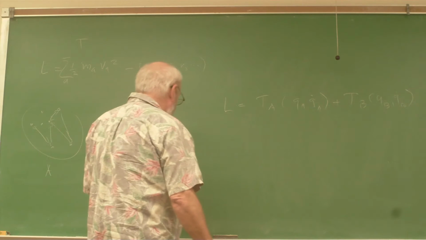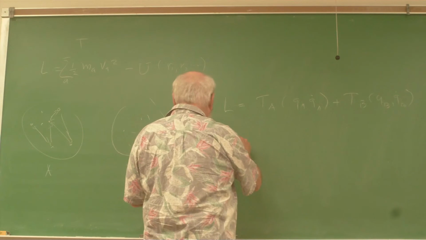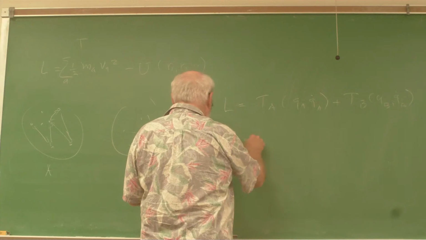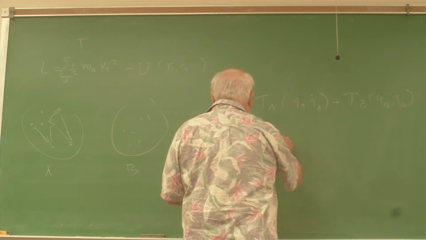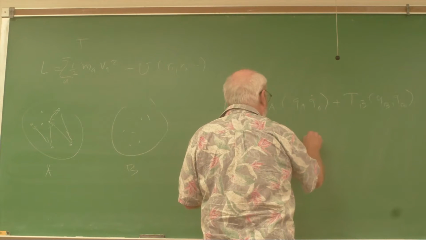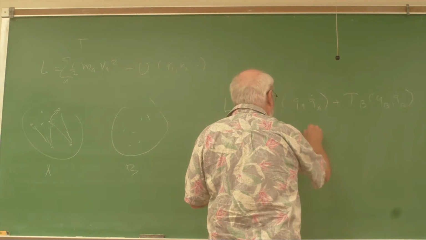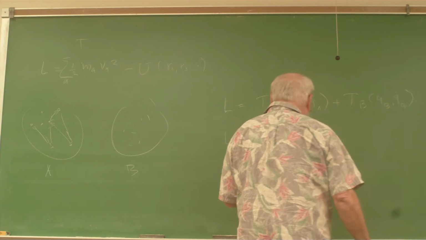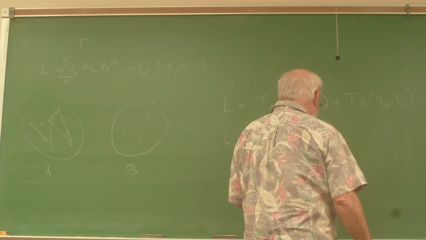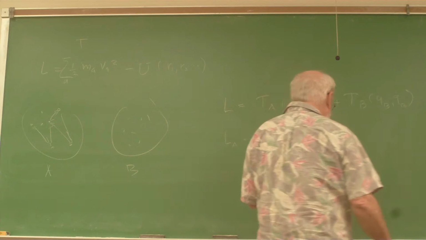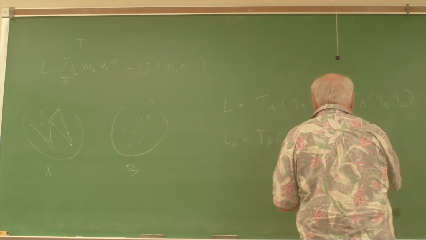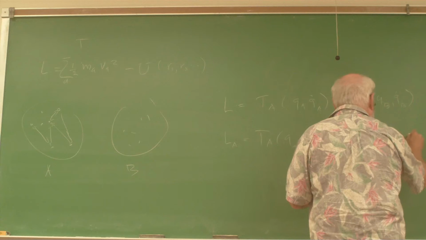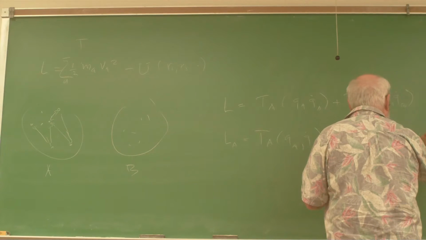So it turns out that we can write the Lagrangian for A as equal to T sub A of Q sub A and Q dot A, minus this potential, which comes from the effect of Q_A and Q_B of t.